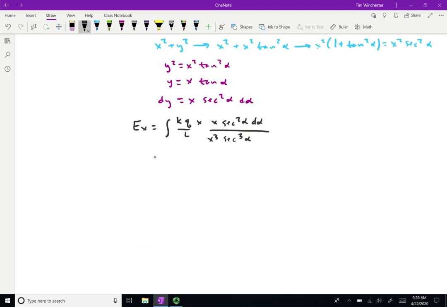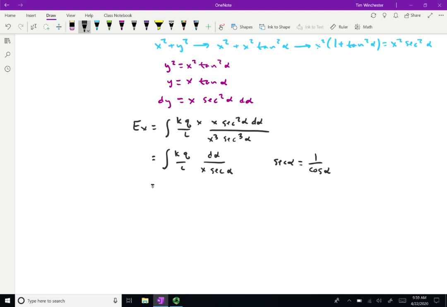And what I'm left with is kq over L, d alpha over x times secant of alpha. All right, so 1 over secant alpha might look a little scary, but remember that secant of alpha is 1 over cosine alpha.